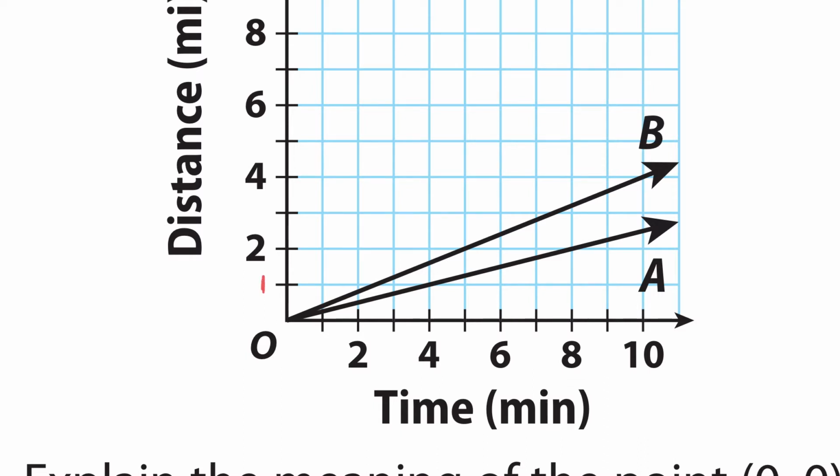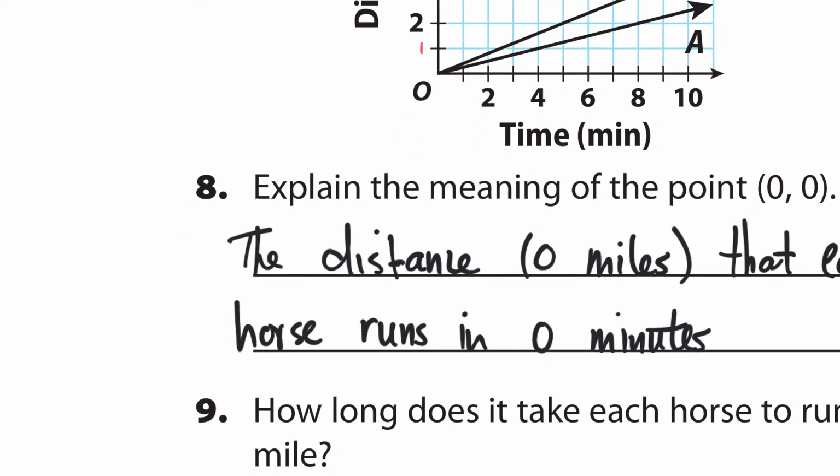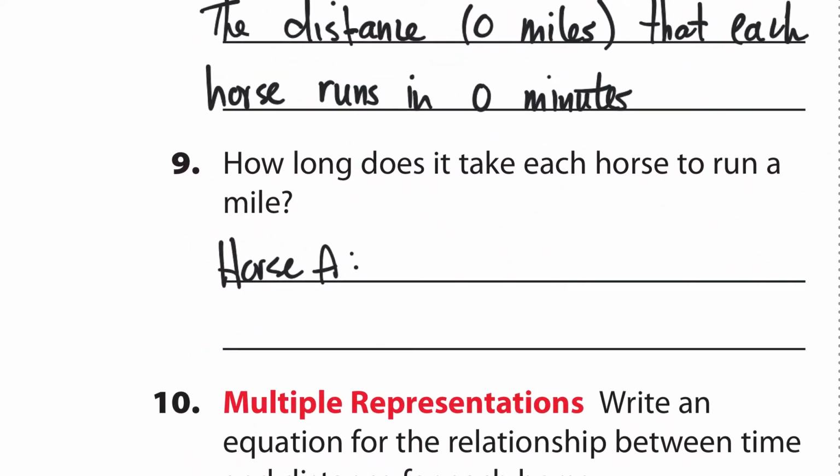And we have to follow that here for A. That looks like it's 4 minutes for A right there, and it's like 2.5 minutes for B. So 4 minutes for horse A, and for horse B, it'd be 2.5 minutes. Okay. Next.